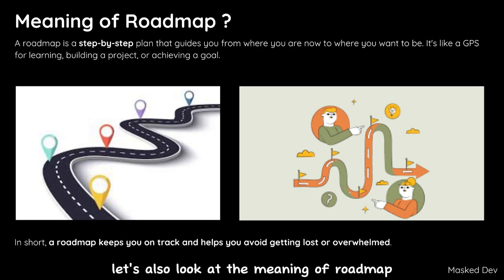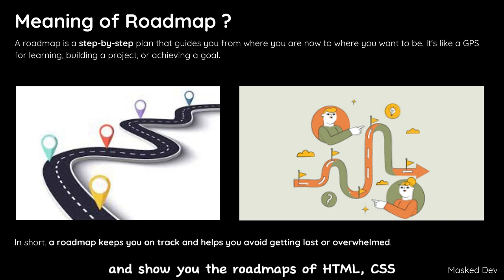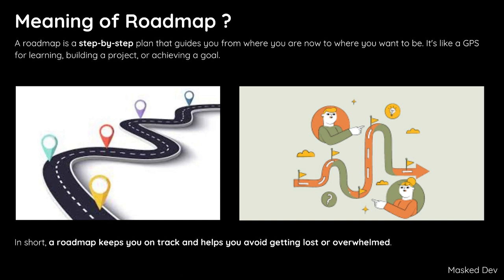Let's also look at the meaning of roadmap before we dive in and show you the roadmaps for HTML, CSS and JavaScript. A roadmap is a step-by-step plan that guides you from where you are now to where you want to be.